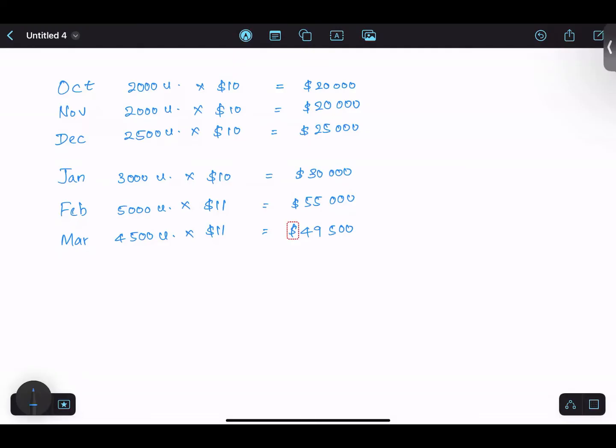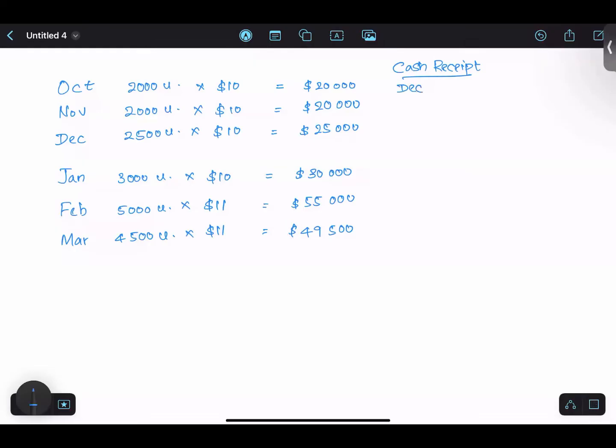But we are not getting the payment soon after the sales. Customers are taking 60 days to make the payment. So whatever October's sales, this $20,000 we will receive in the month of December.